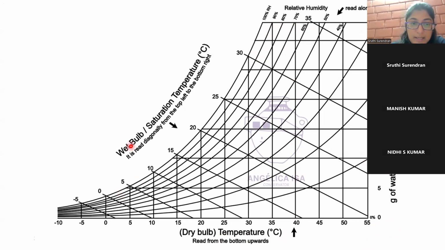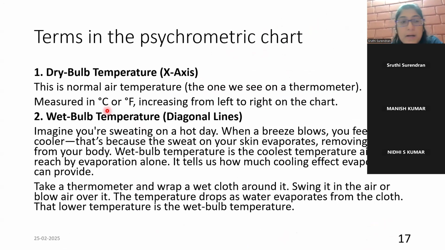Now, there is also another quantity that is being described here called the wet bulb or the saturation temperature. So let's just get to know about all these quantities briefly. So dry bulb temperature is nothing but the normal air temperature that we can get from a thermometer.